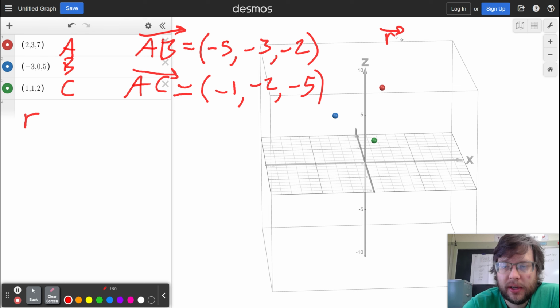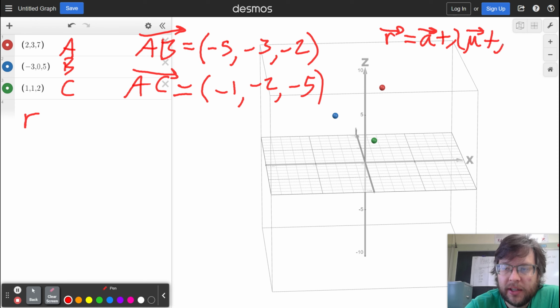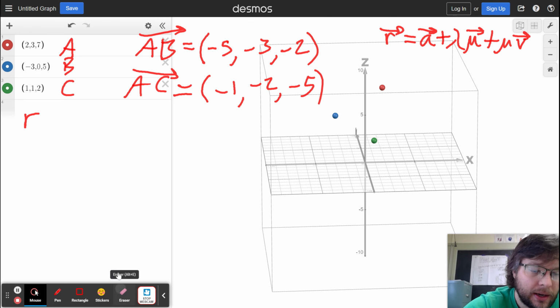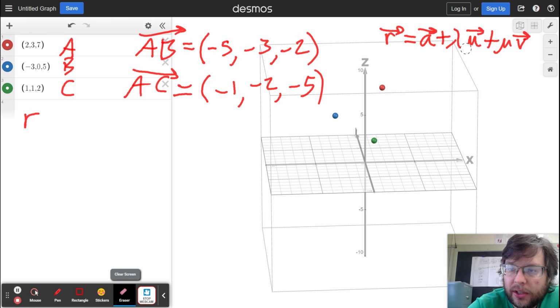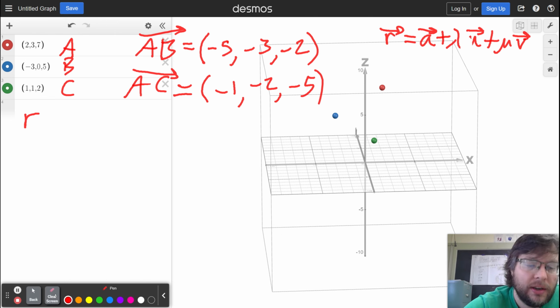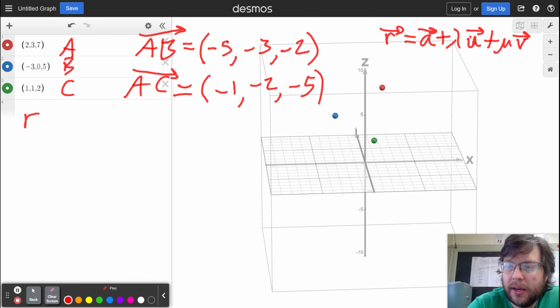The collection of vectors in the plane are always equal to any vector in the plane plus a constant multiple of one direction vector plus a different constant multiple of a different direction vector. And I kind of screwed up a tiny bit. This should just be the letter U for the vector, one of the basis vectors that moves in the direction of the plane, and V is the other one.